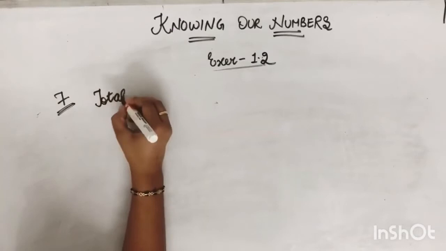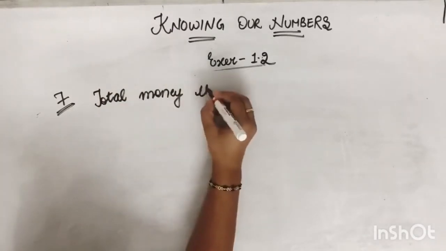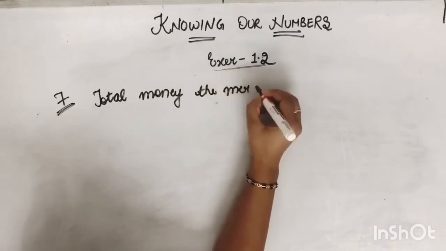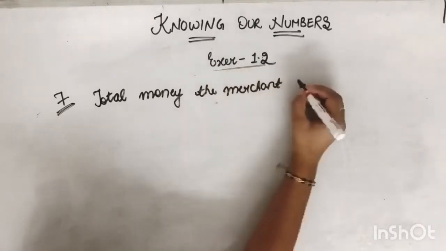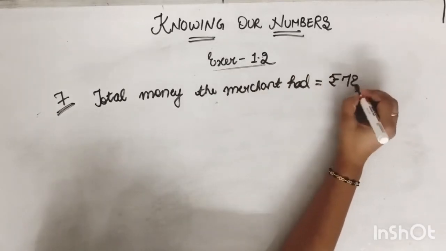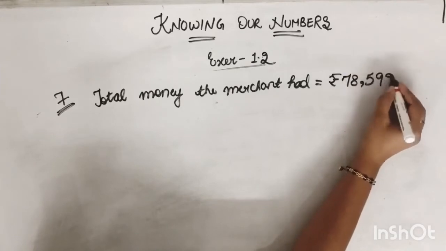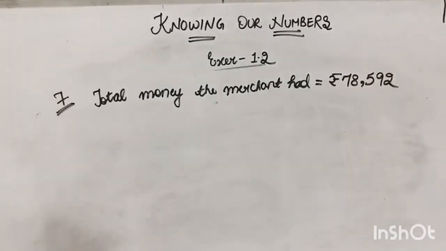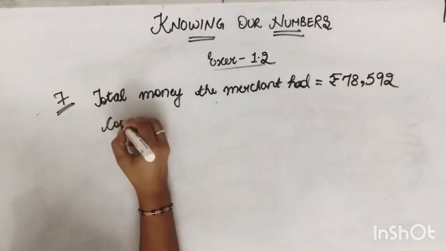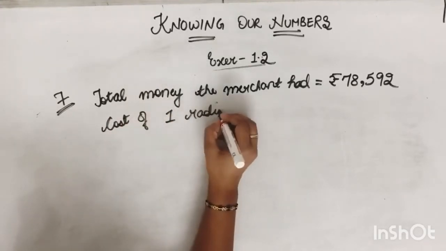Total money the merchant had: rupees 78,592. Next is cost of one radio.